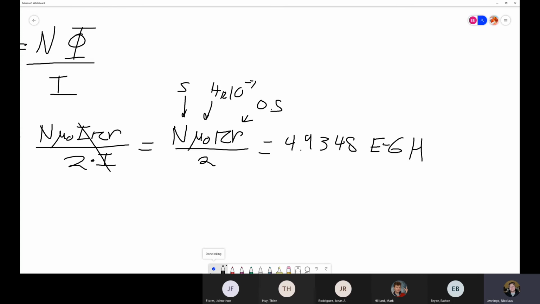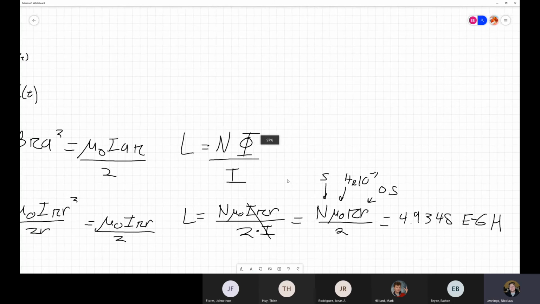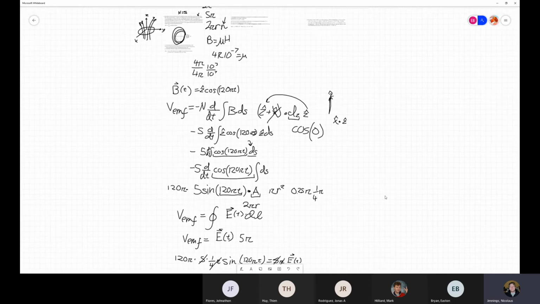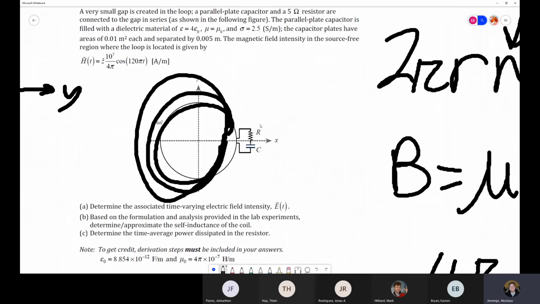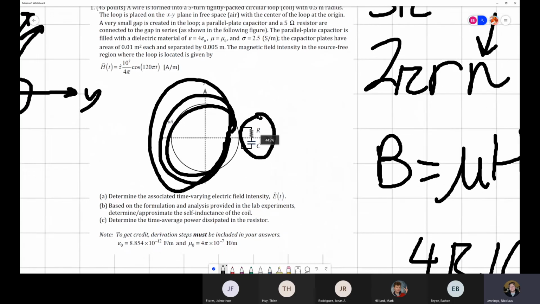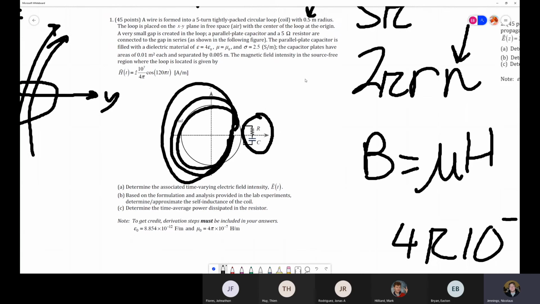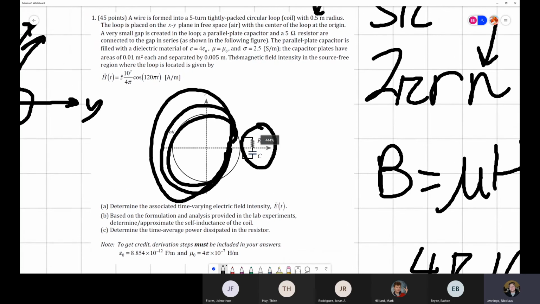Pretty small self-inductance, kind of flimsy. But this is helpful because what we're now going to figure out is the actual current that's going through this entire capacitor resistor series combination. So what we'll do is look back at this again.